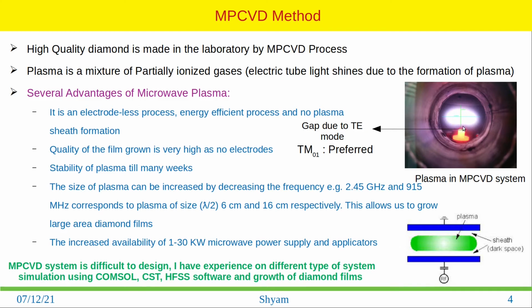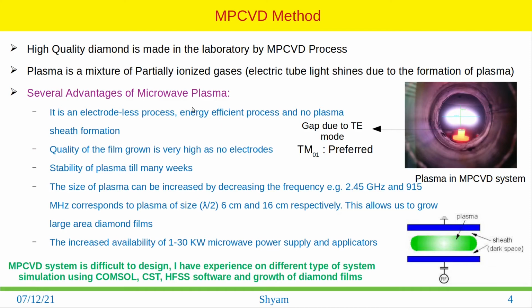You can see this is a plasma, which is basically formed by methane and hydrogen. It also looks like the tube light, but with a different gas composition.